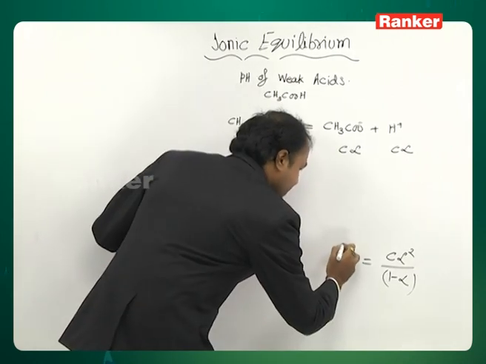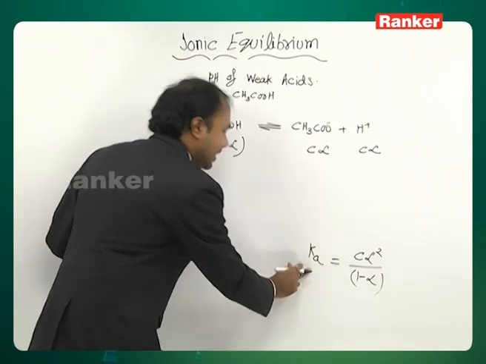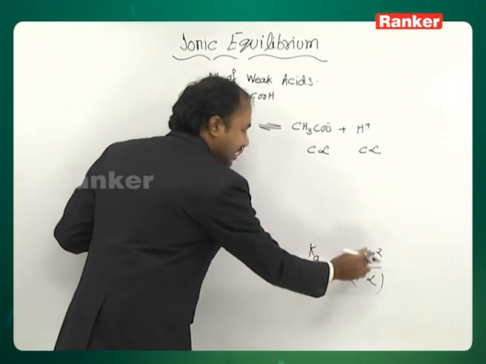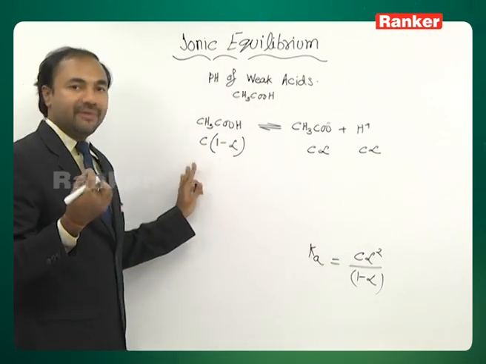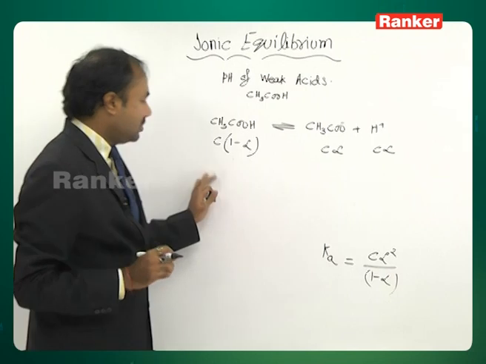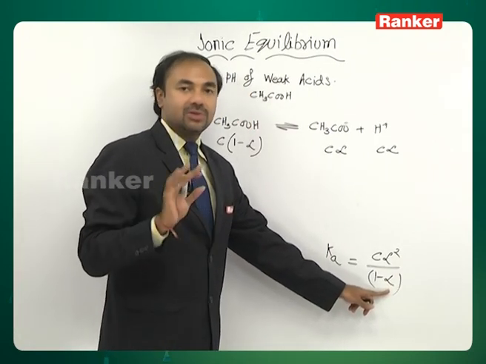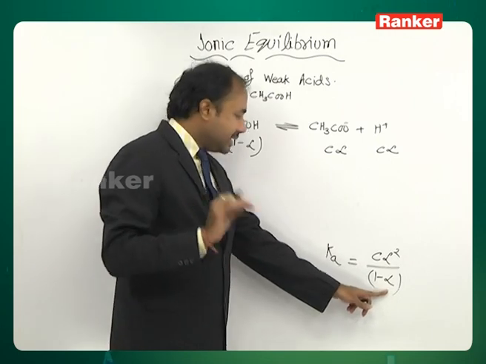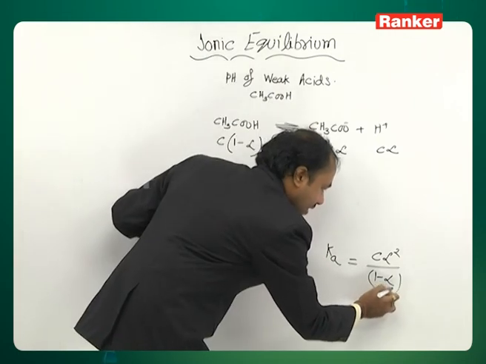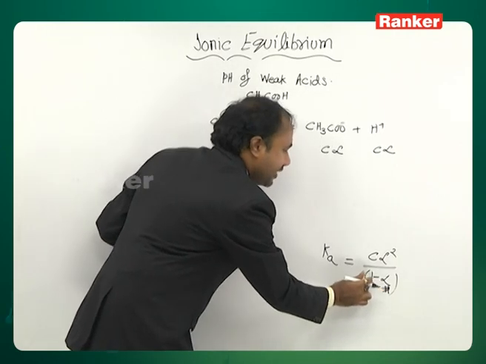This we got as Ka, the dissociation constant of acid, equal to C alpha square upon 1 minus alpha. What we do in this case is assume that because acetic acid is a very weak acid, it is not dissociated properly, and its degree of dissociation alpha is negligible as compared to 1.